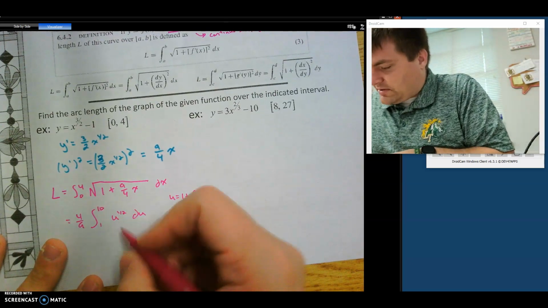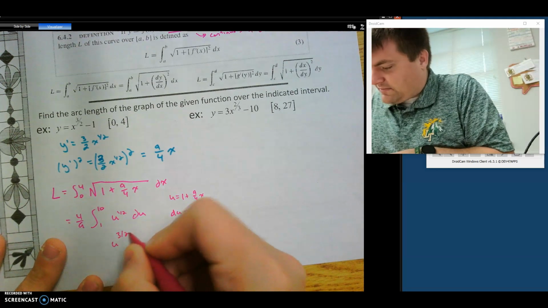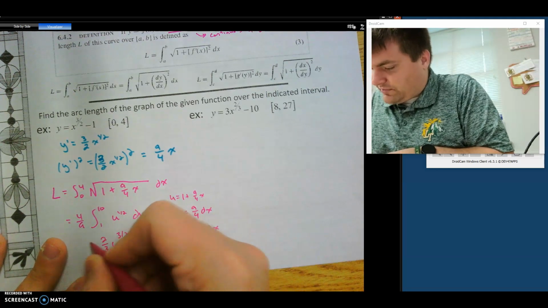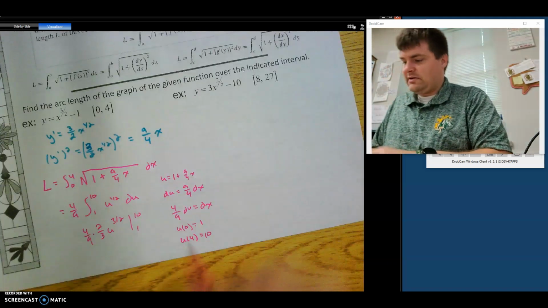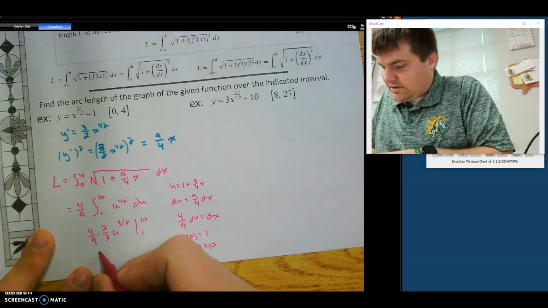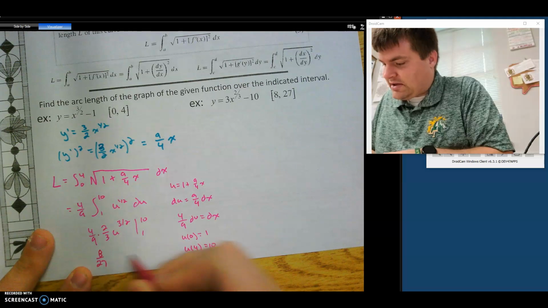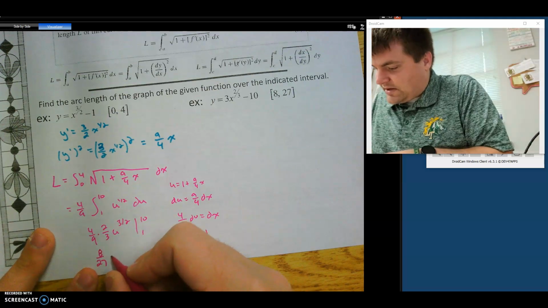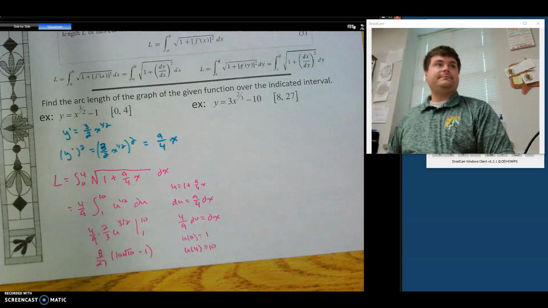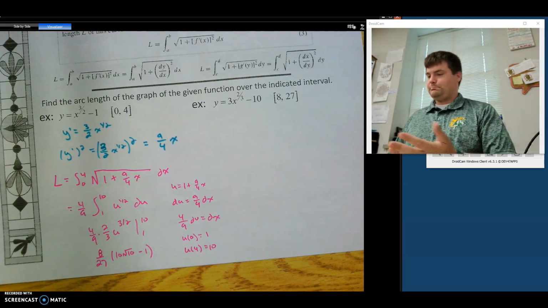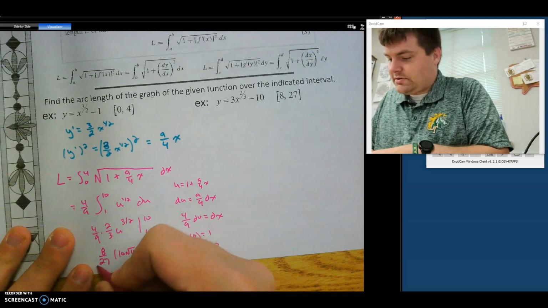So we're just going to go ahead and say this is u to the 3 halves. It's 2/3. Don't forget that 4/9 in front. Evaluate that from 1 to 10. So I'm going to get 8/27. Plug in a 10, and then I'm going to get 10√10 minus 1, and actually that's it right there. Okay, nothing else we can do.